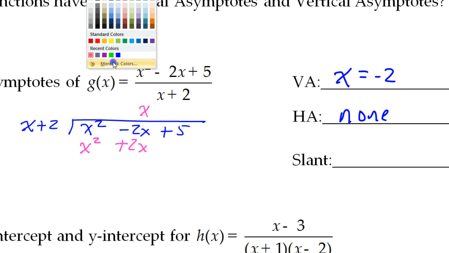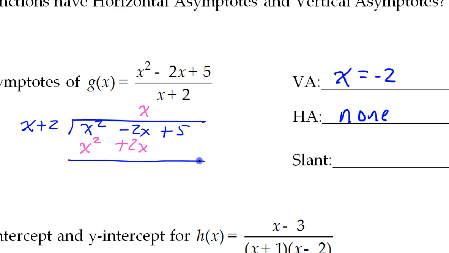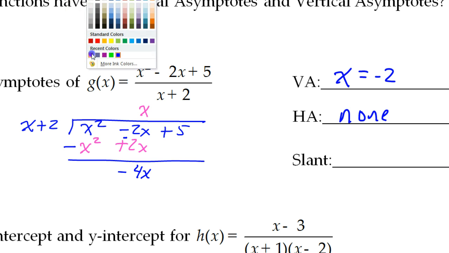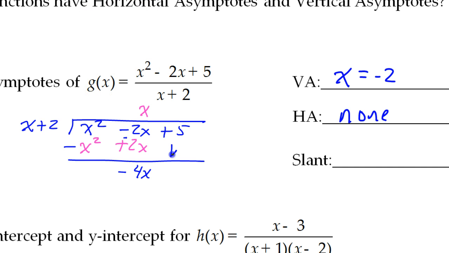We subtract by changing the signs, like this. Alright, so that cancels, but this makes negative 4x. And I start over. Oh, wait, and I bring down the 5, plus 5.